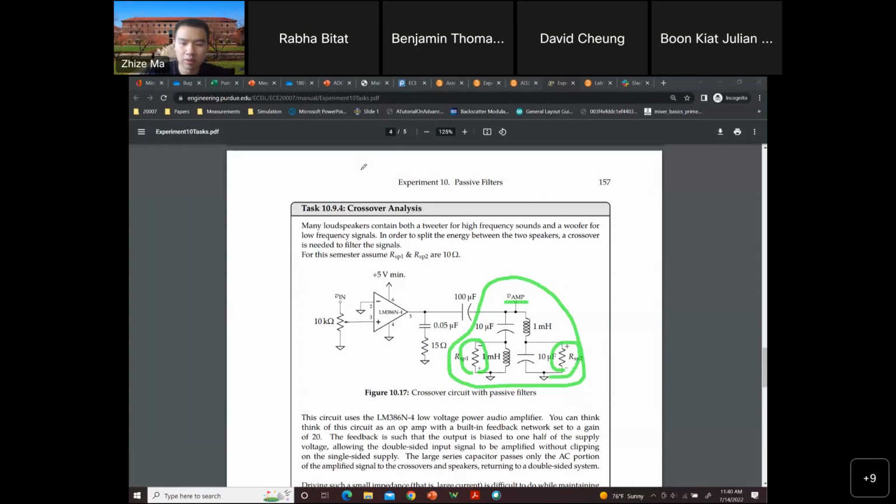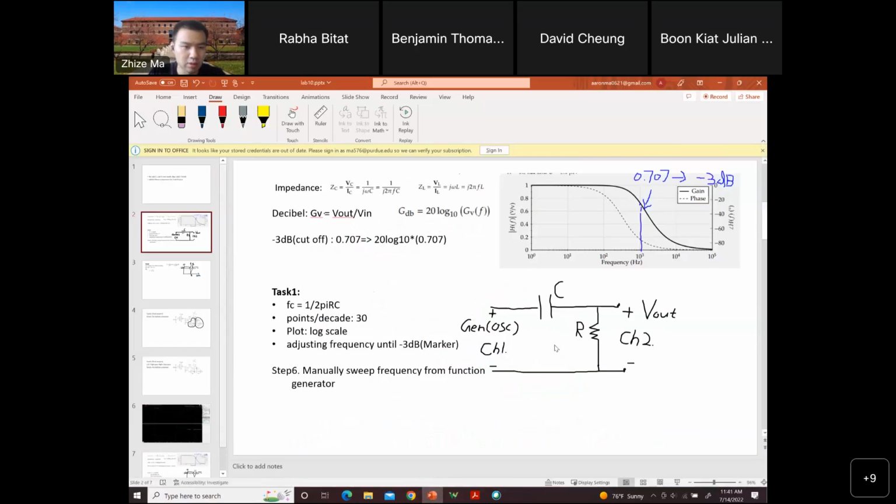And the output is using the network analyzer, right? Yes. It's not only the output; the network analyzer will measure both input and output because it needs to calculate the ratio of the input and output. When we use the network analyzer, do we put channel 1 across the input and channel 2 across the output? Yes, channel 1 is the input and channel 2 is the output.